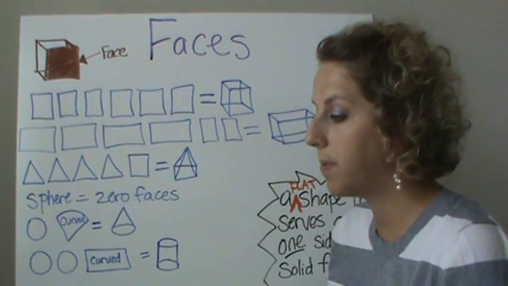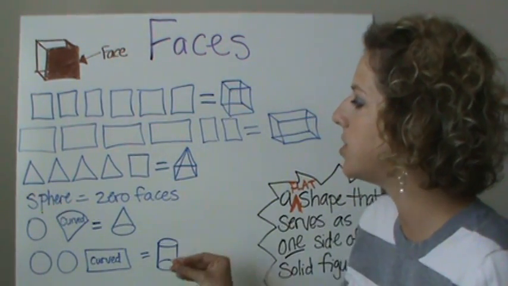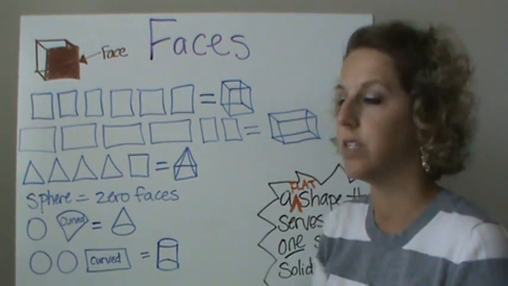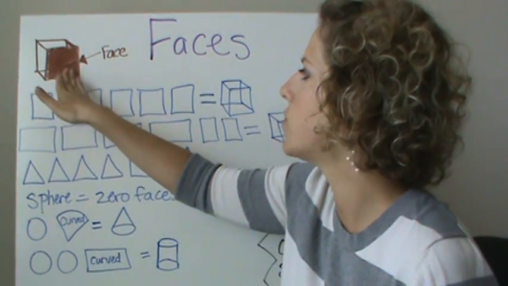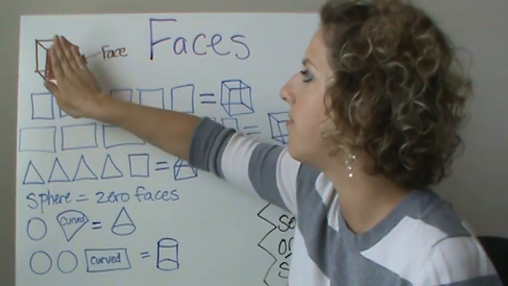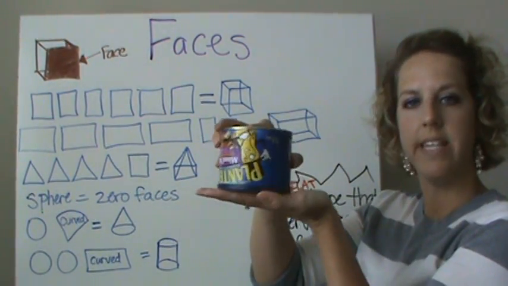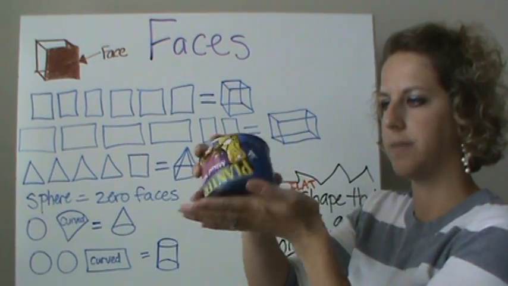Now, the first property we're going to look at is the faces of each of these solid figures. If you notice, I've drawn the shape of a cube and I've shaded in one face. The face is what it lays flat on. It's a flat surface.